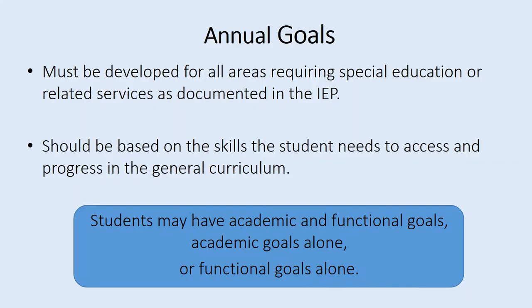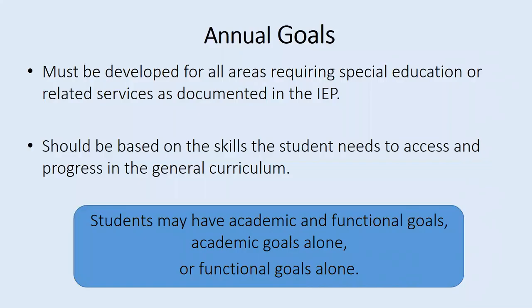Whatever is necessary is what you're going to have to do. But the goals must relate to all the special education needs, service needs, and related service needs, just like they always have. And again, you have to think up front, how are you going to address the related service needs with this student if they're not at school? Where, when, how, and who is going to provide those services? So that is a consideration that will need to be made.